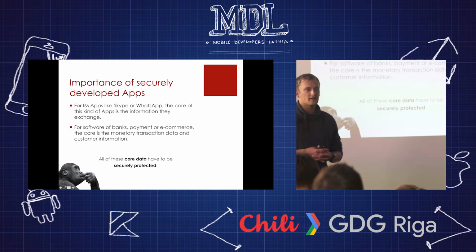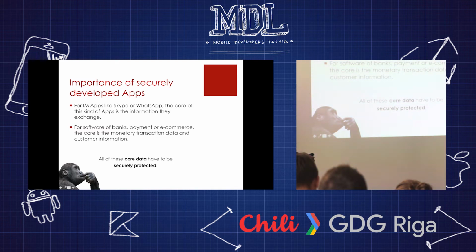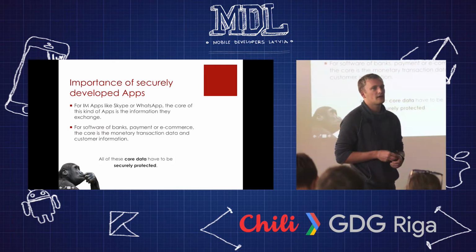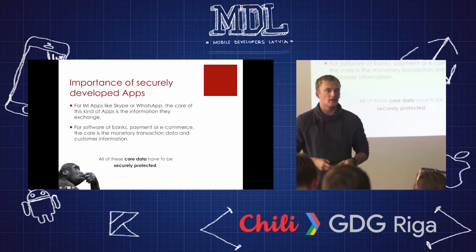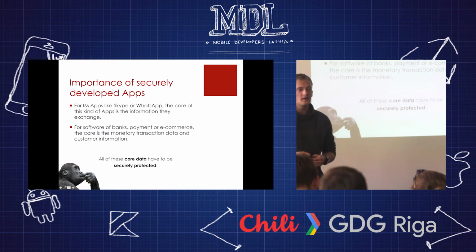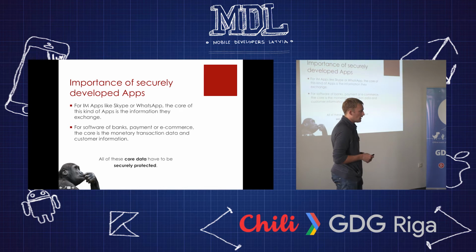Application reverse engineering is actually a security threat to applications like instant messengers like Skype and WhatsApp, banking and payment solutions, as the core data that they transfer and hold, like customer information, is super important. So you want to make sure that they are secured when they are stored on your device, when they're sent over the network, and all the way.